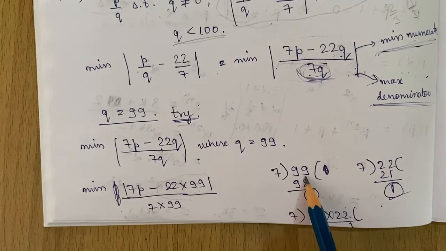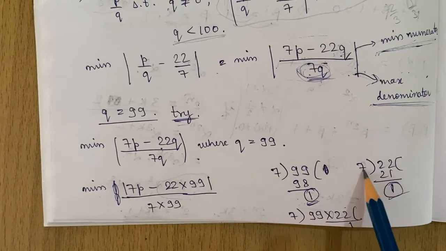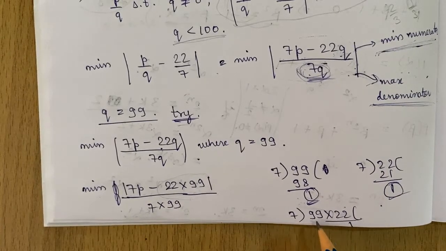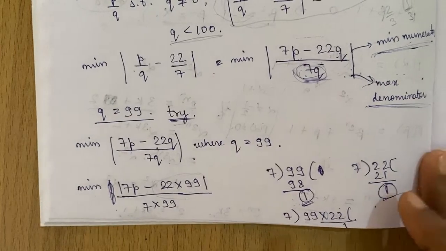So 99 divided by 7 would give remainder 1, and 22 divided by 7 would also give remainder 1. So we can multiply the remainders, which we will see in further lectures that remainders could be multiplied. So when we want to get the remainder of 99 times 22 by 7, we see that the remainder would be 1.